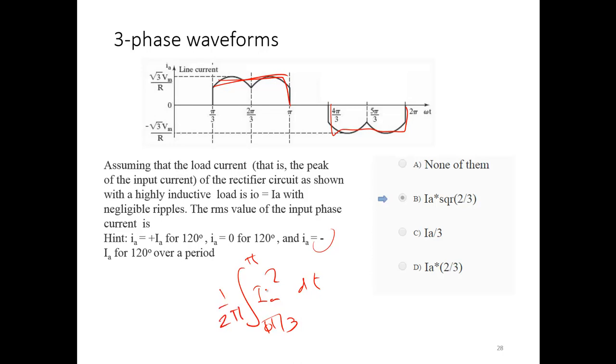Remember that one is positive and one is negative, so over a cycle there will be 2 of them, and then take the square root. If you do that, you will find IA equals IA times the square root of 2 by 3. This will be the RMS value of the input current.